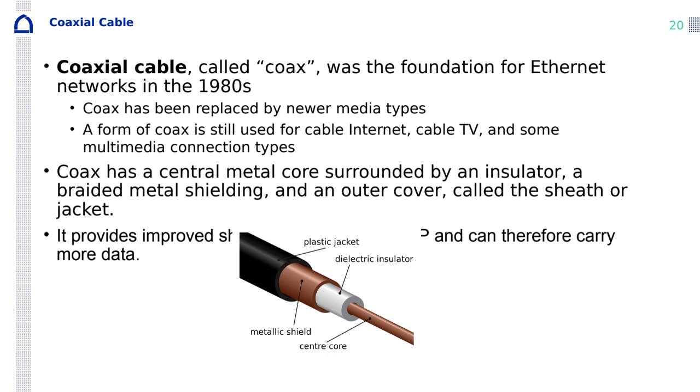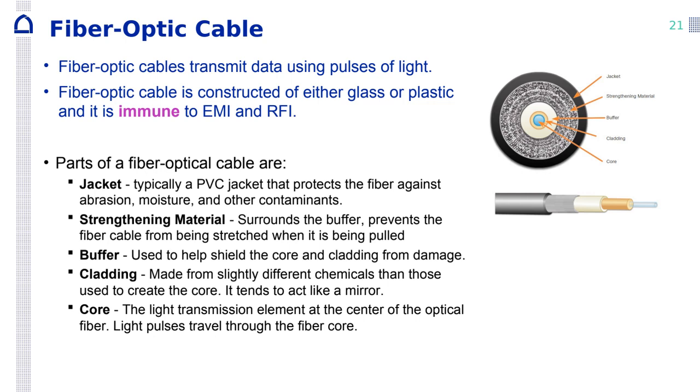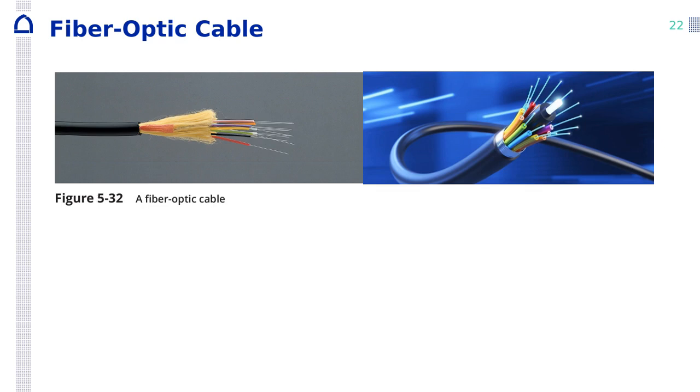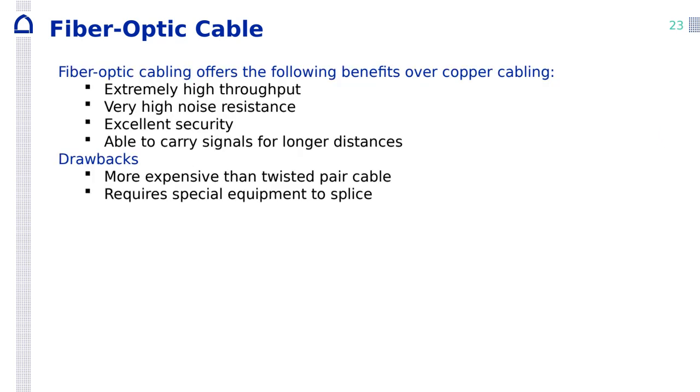for internet and data. The fiber optic cable is immune to EMI and RFI, and it can carry high bandwidth for long distances. The problem with the fiber is the technician needs to be trained, and it is more expensive, and it needs special equipment.